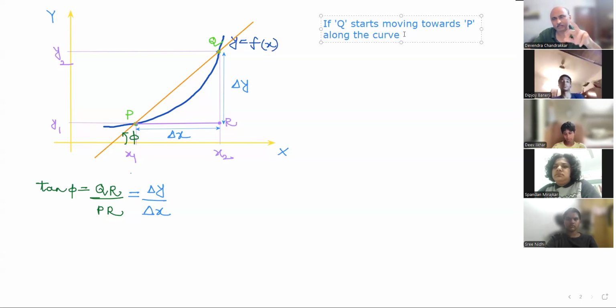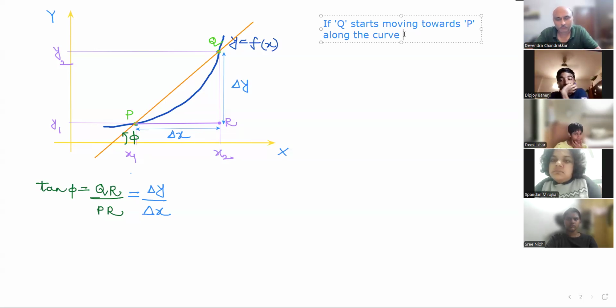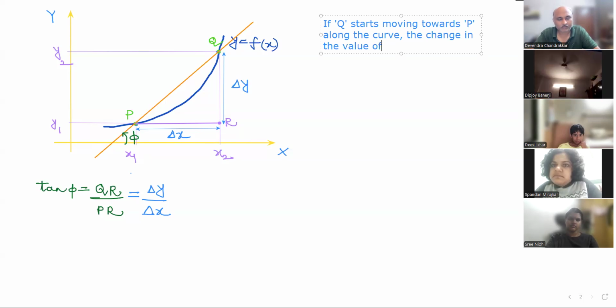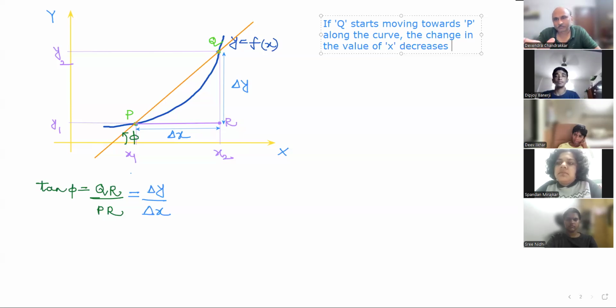I'll clear everything towards the end of this explanation. So if Q starts moving towards P along the curve, the change in the value of X decreases. Yes or no? Yes, sir. What will change? First, the independent variable will change, isn't it? Srinidhi and Spandan, in this case, we are talking about. Yes, sir.